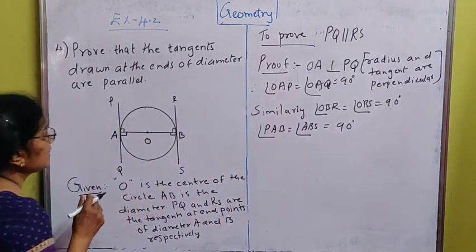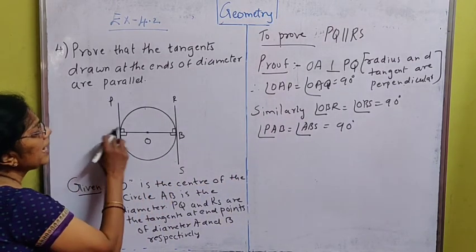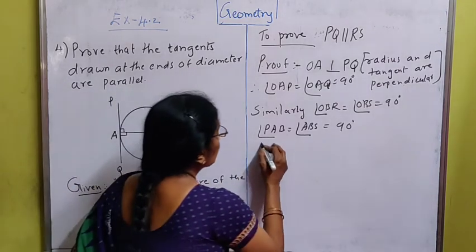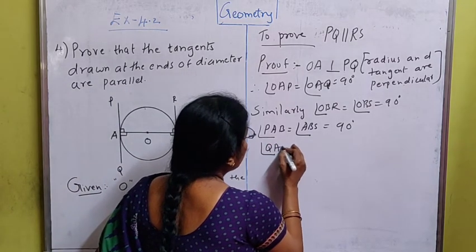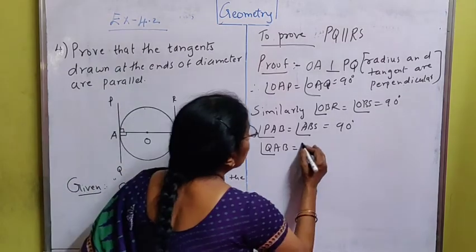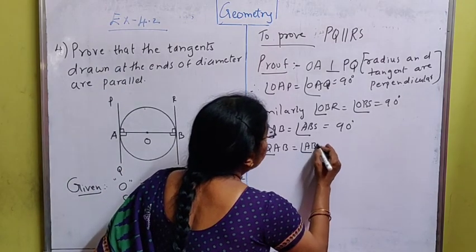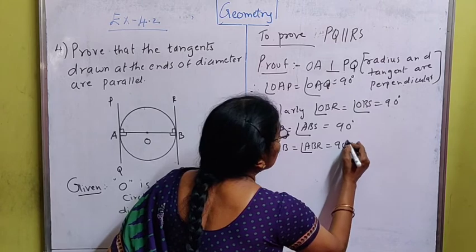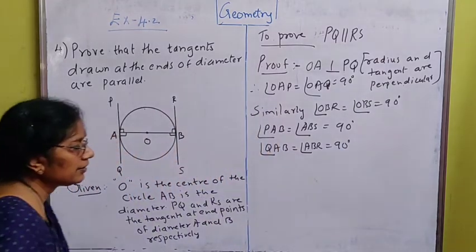Similarly, one more pair is there. Angle QAB is equal to angle ABR is equal to 90 degree.